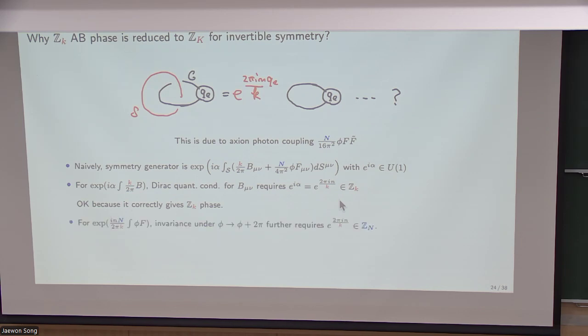For the term from the axion photon coupling, the invariance under the periodic shift of the axion further requires this additional constraint. So this is problematic. However, we can avoid this constraint from the axion photon coupling at the expense of the invertibility.